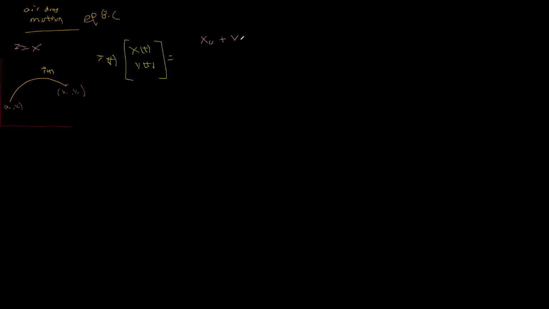x naught plus, what was it? v naught e minus t over tau. No, v naught times 1 minus e minus t over tau.